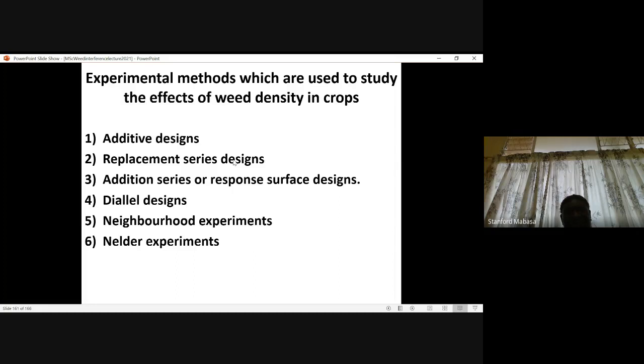And we said that number 1 and number 2 have got some problems which can be improved in addition series or response surface designs. They may also be called factorial designs. In fact, number 1, number 2, number 3, these are used a lot by weed scientists.